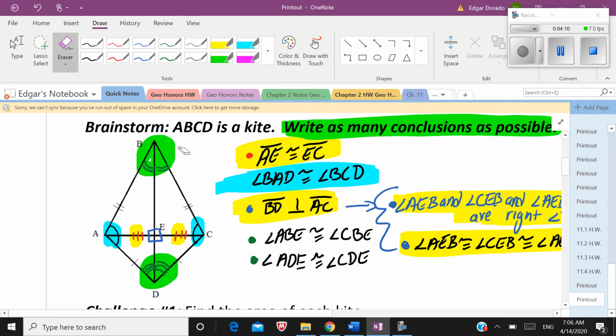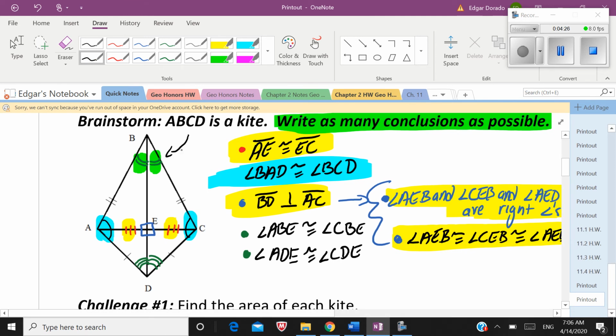Now, even though ABC and ADC were not congruent, diagonal BD actually bisects each of those angles. So let's say this whole thing was 40 degrees, then each of these are 20 and 20.